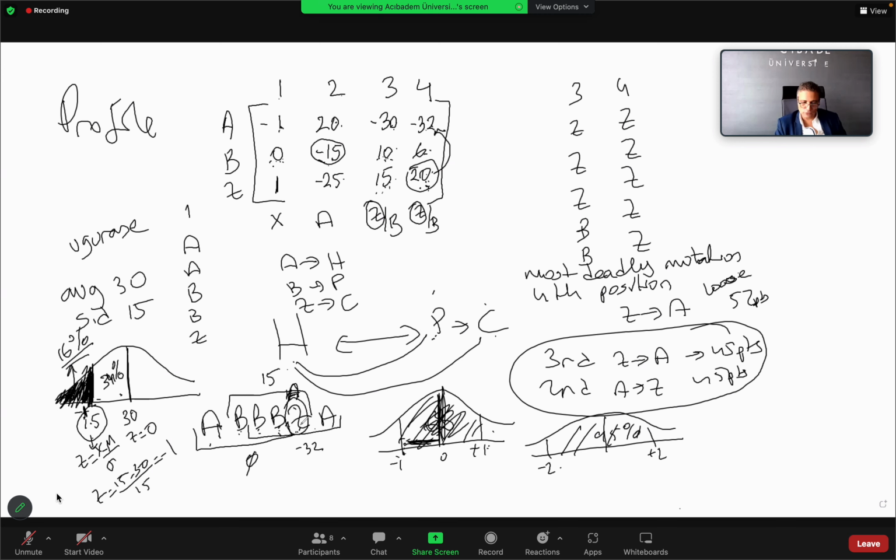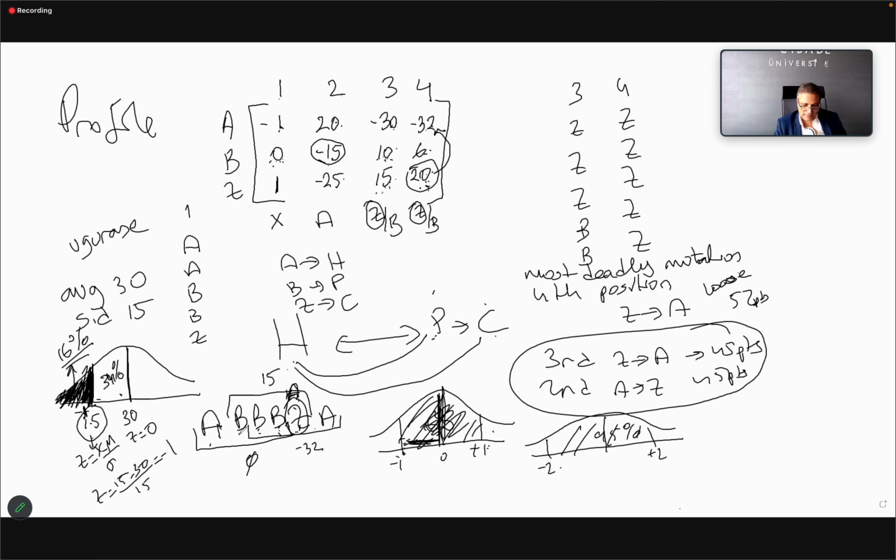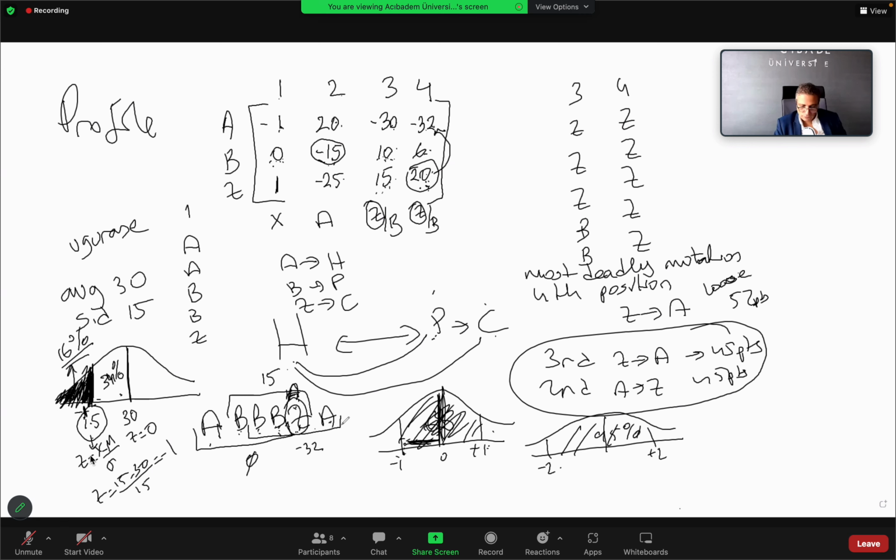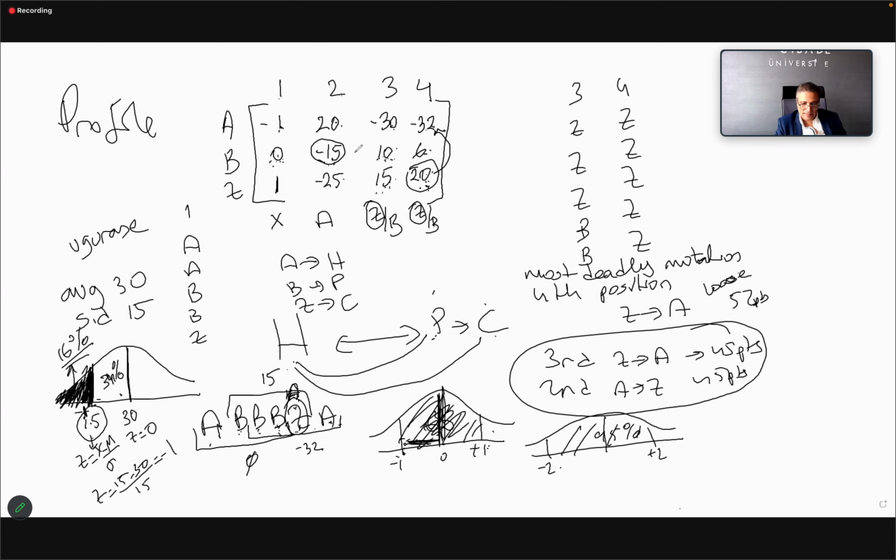If you change this position to an A, then this becomes BBBA. BBBA has a negative score. And the last former becomes BBAA. BBAA also has a negative score, and this person cannot carry out this activity.